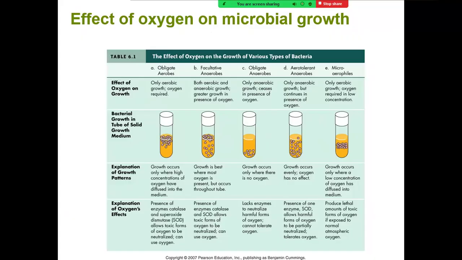So the easiest one to explain is an aerobe. These oxygens, when you grow them in a thioglycolate tube, thioglycolate media itself pulls out oxygen from the media. So once you first take your tube of the thioglycolate media out of the autoclave, there will be no oxygen in the thioglycolate media.